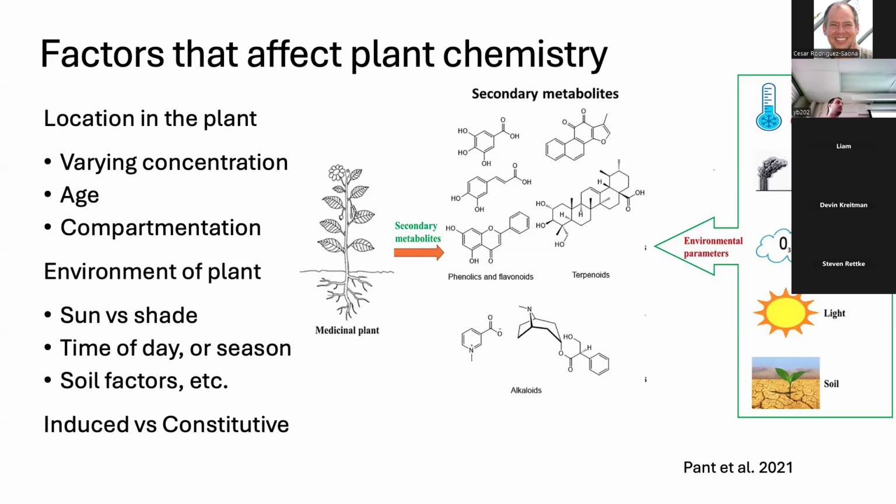Why does a plant choose, anthropomorphizing it, but why does a plant choose to use a certain compound in a certain location at a certain age, with all of these different factors? When you consider one plant, a whole lot of plants, one herbivore, a whole lot of herbivores, the different trophic levels, this gets really broad.